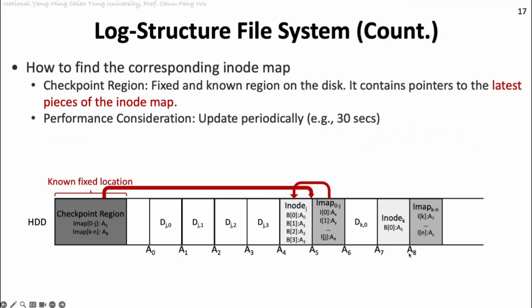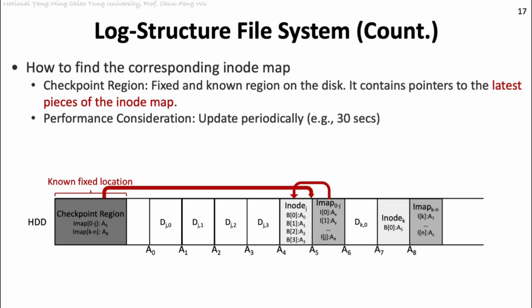So there is a way, called the checkpoint region. The checkpoint region is a fixed and known region on the disk. It contains pointers to the latest pieces of the inode map. Okay, so the concept is like this. We still need a physical location to help us locate where the inode is.